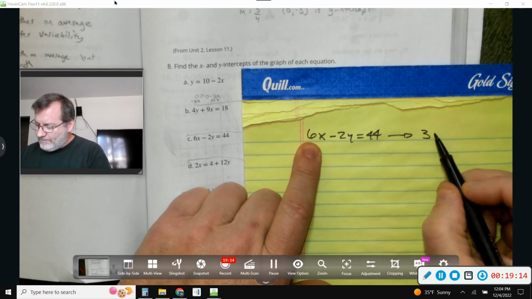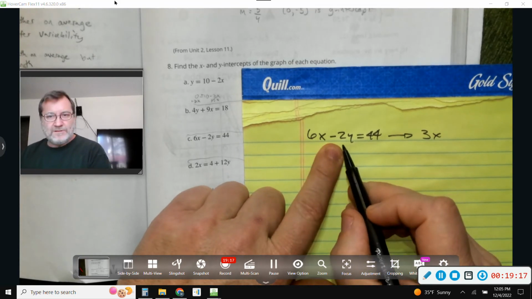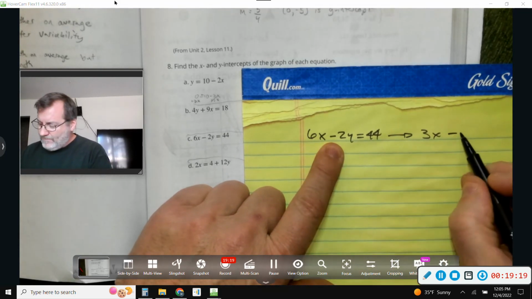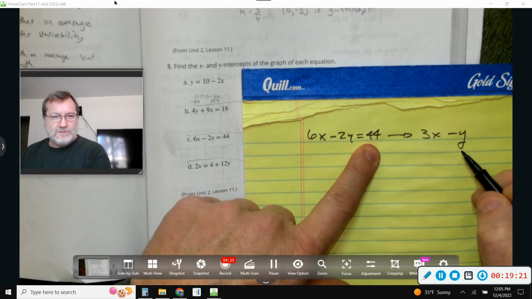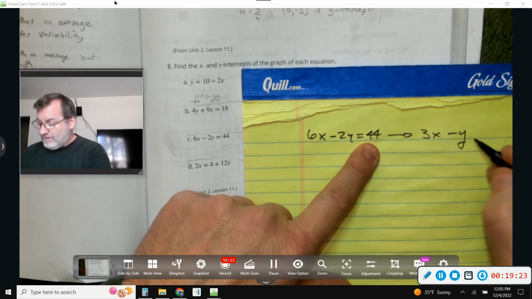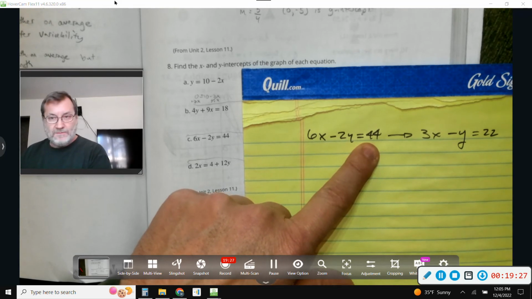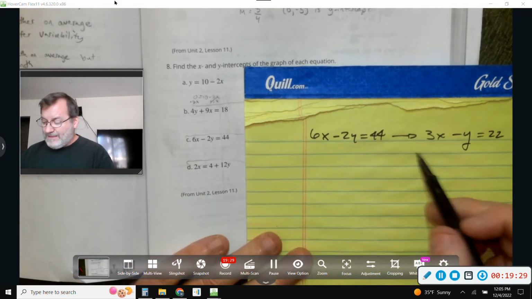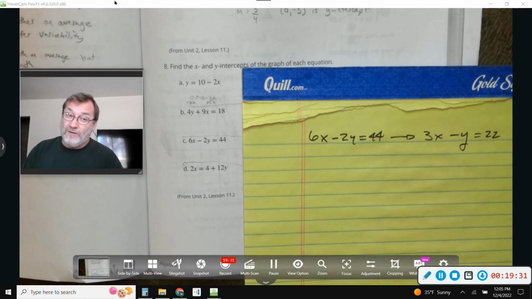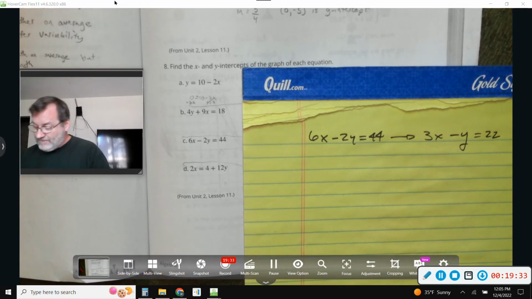Well, it goes in there 3x times. How many times does 2 go into 2y? Well, just 1y. How many times does 2 go into 44? Well, it goes in there 22 times. Right? So these two are equivalent statements. I just took out a factor and hopefully made things a lot easier for us.